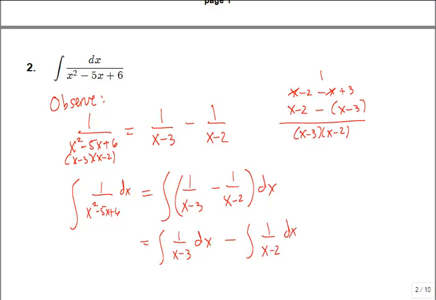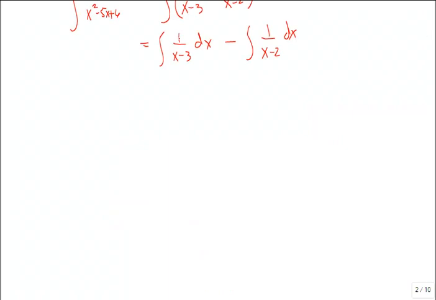And each one fits the form of stuff prime over stuff, because the derivative of x minus 3 is 1, the derivative of x minus 2 is 1. So both of these are ln's. This becomes the ln of x minus 3 minus the ln of x minus 2. We did all of our integrals, so we tack on a plus c, and there's our answer.